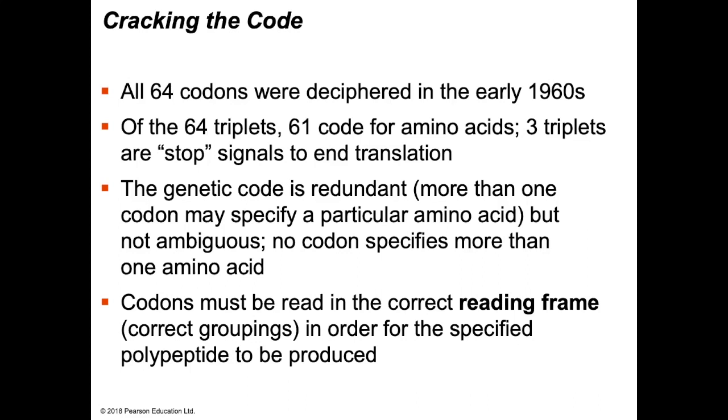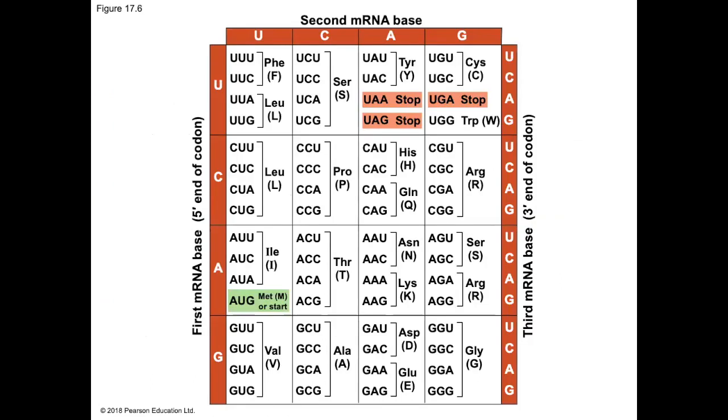Later we'll be discussing what happens if there is an incorrect reading frame, which might cause mutations or affect the expression of the genes of the organism. So here is a sample of the genetic code. As I have said earlier, each codon will specify one amino acid, so there will be no codons specifying two amino acids.